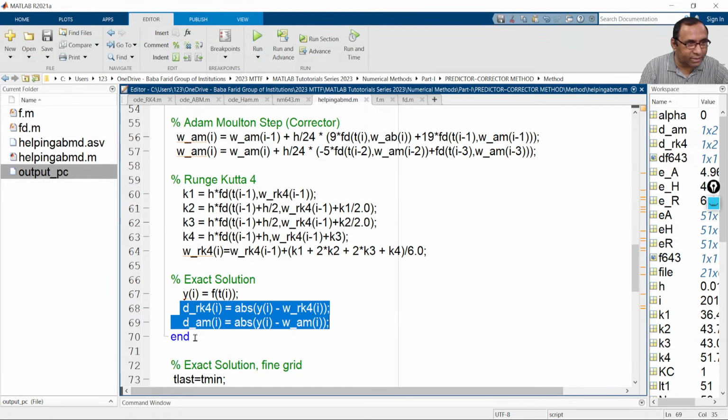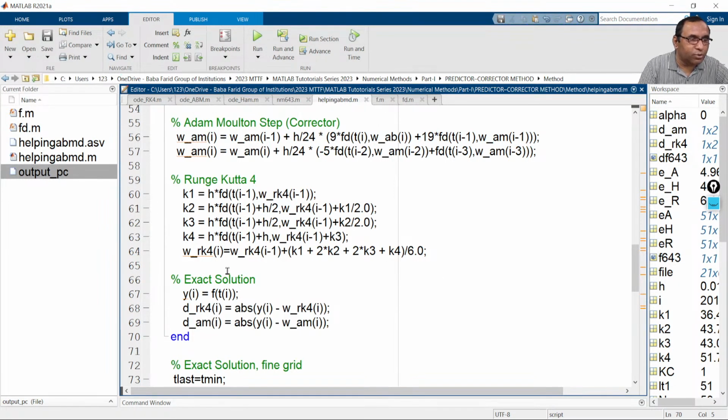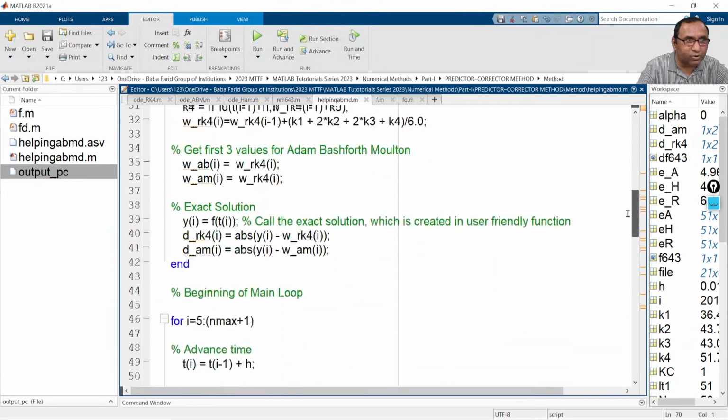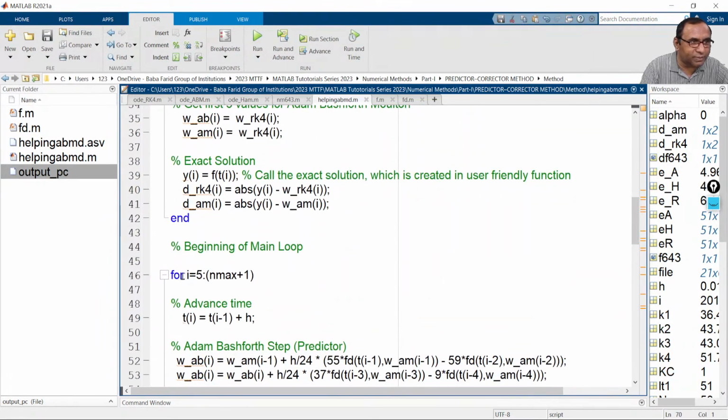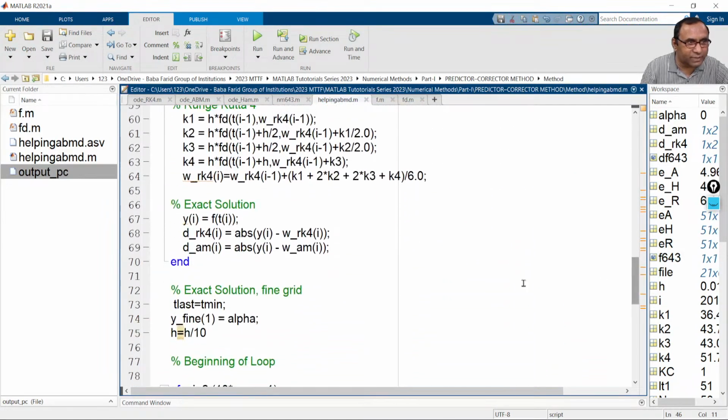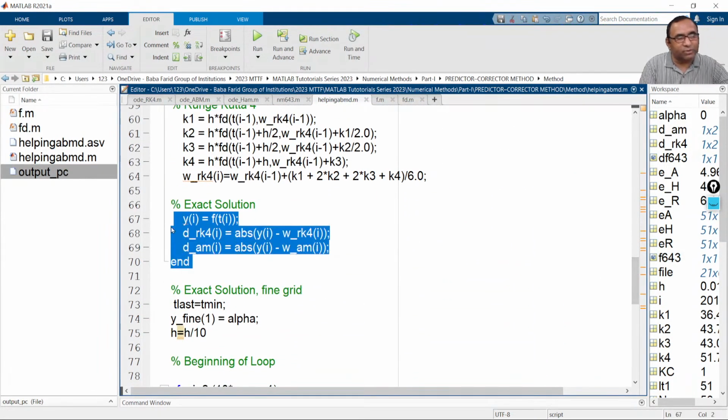And then we have end. When we apply a for loop, we need to close it by using the end function. So this is the for loop starting from this place to this place to get all the values for both type of solutions. One is Adam Bashforth, second is Rankata fourth order.